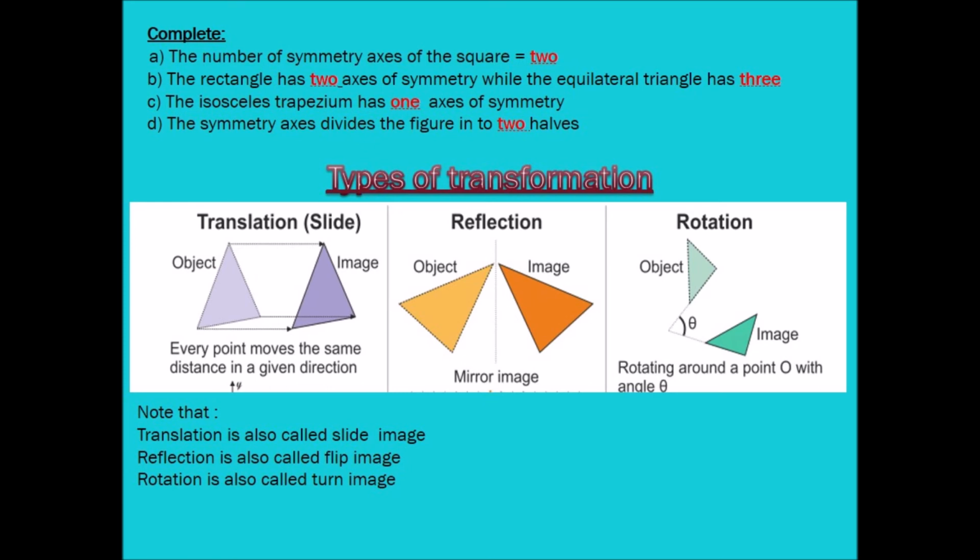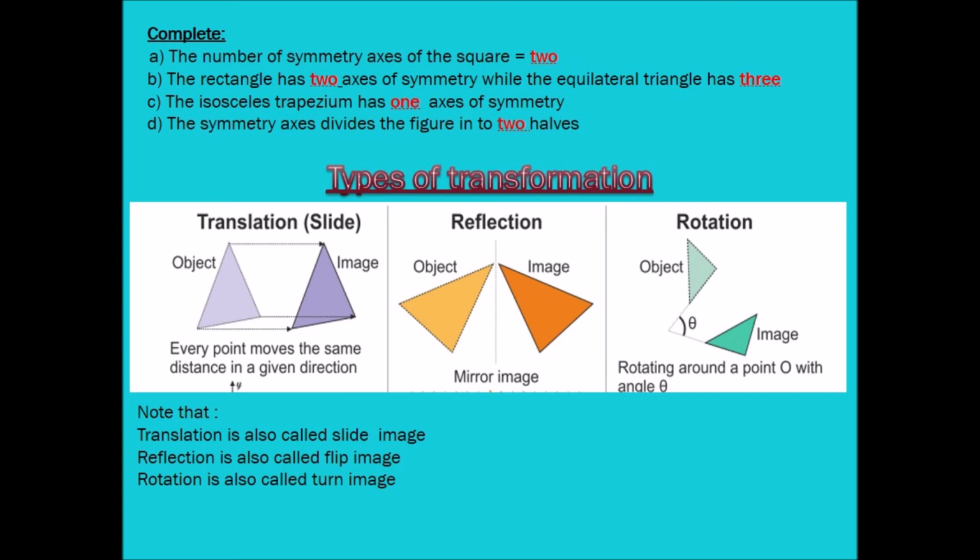Why the equilateral triangle has 3 lines of symmetry? Number C, the isosceles trapezium has 1 axis of symmetry. And the last one, the symmetry axis divides the figure into how many halves? I told you before, the axis of symmetry divides any figure into 2 equal halves.